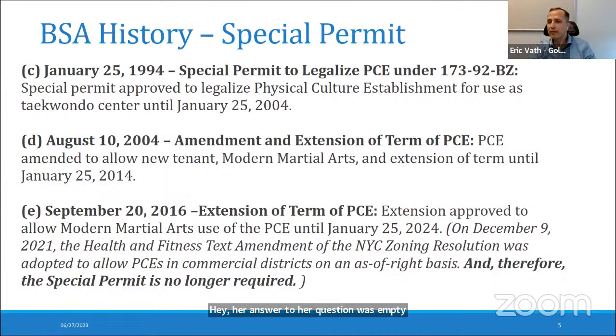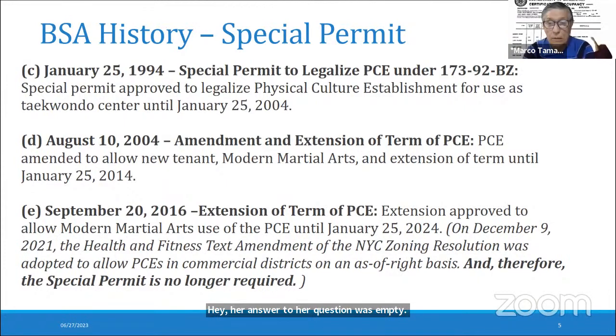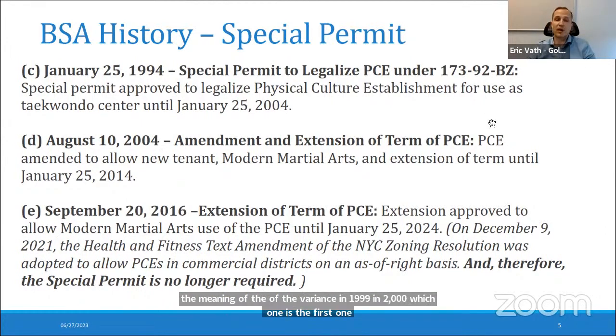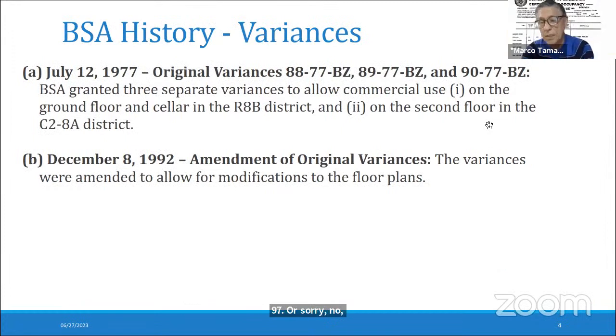Sorry, to which point? Can you be more specific? The point is, why don't you present the whole application, explaining why it was granted, since the beginning? What is the meaning of the variance? In 2000, which one is the first one? I think it's 1977.